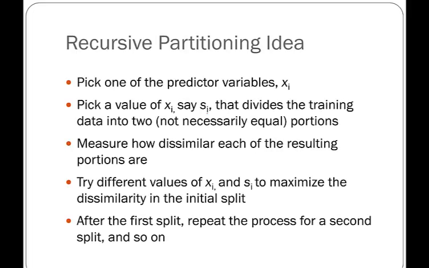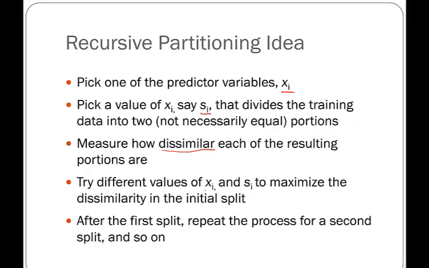In the case of recursive partitioning, we're going to select one of the variables, call it xi, and then pick a value, si, that divides the data into 2 sets, not necessarily equal, and measures how dissimilar each of the sets are.